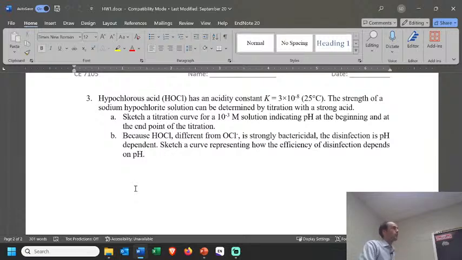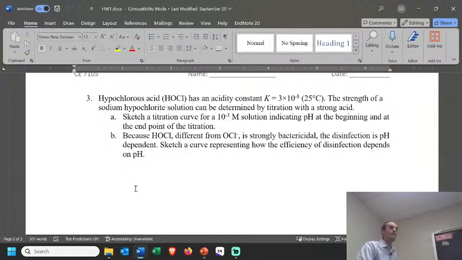I think there's a bit more material on how to sketch one of these curves, but I also don't think it would be too difficult to assemble that in Excel or even use your MATLAB code and put in the Ka. So I'll leave it to you on how you want to approach it. Just make an informed effort. Is that fair?